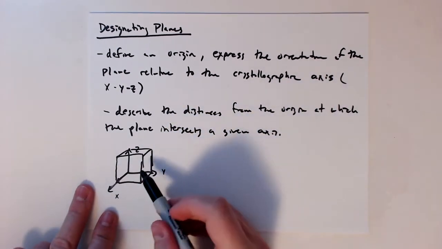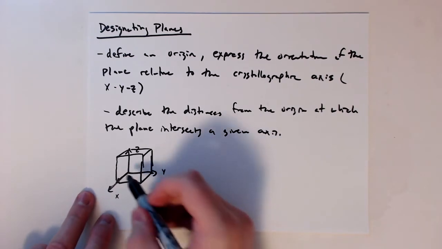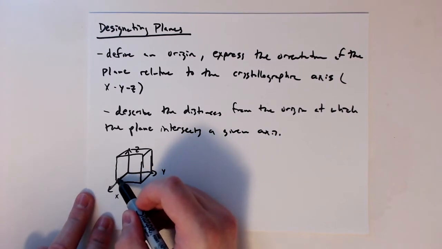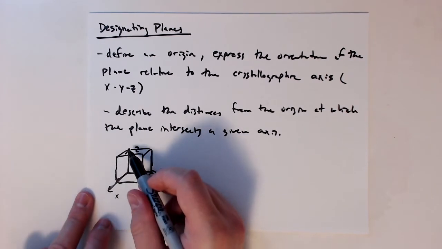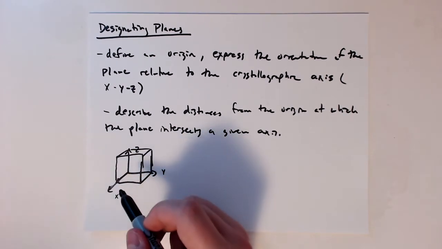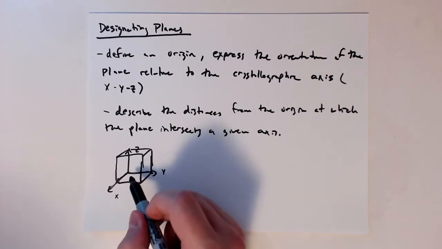So that's my lattice composed of an a vector along the x direction, b vector along the y direction, and c vector along the z direction. I'm using Cartesian coordinates, but it could very easily be other angles and so forth.